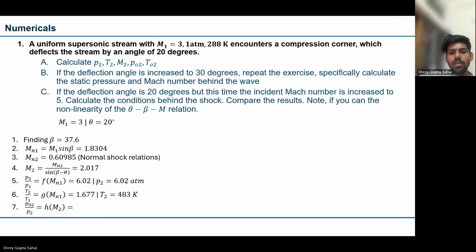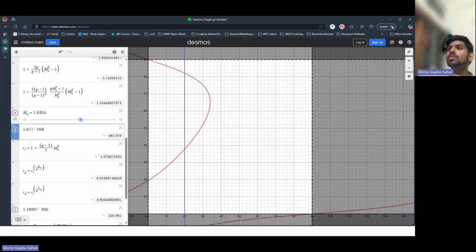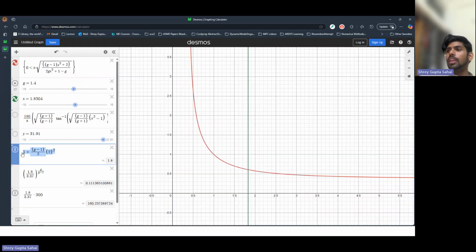Let me open that calculator again. So this one has this relation. Here I can put whatever M value I want. What is M2? M2 is 2.017. So correspondingly we are going to get 1.8136.